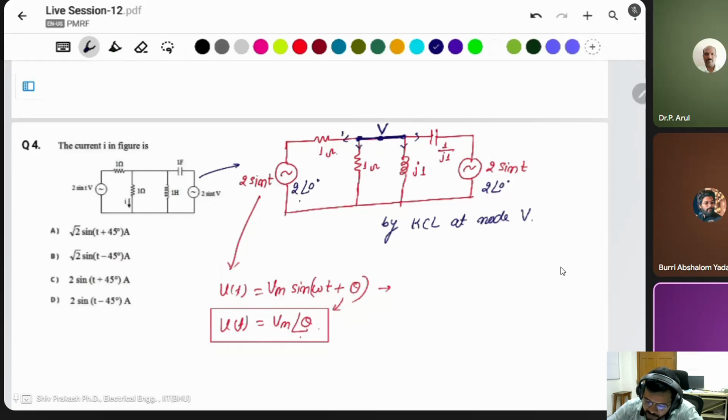This current will be V minus this voltage divided by the resistance.